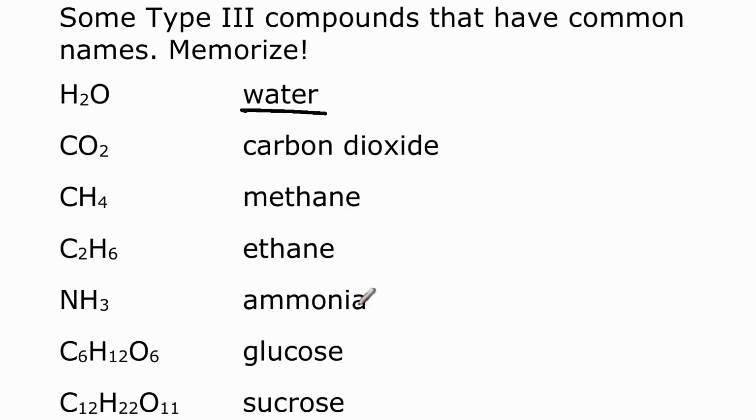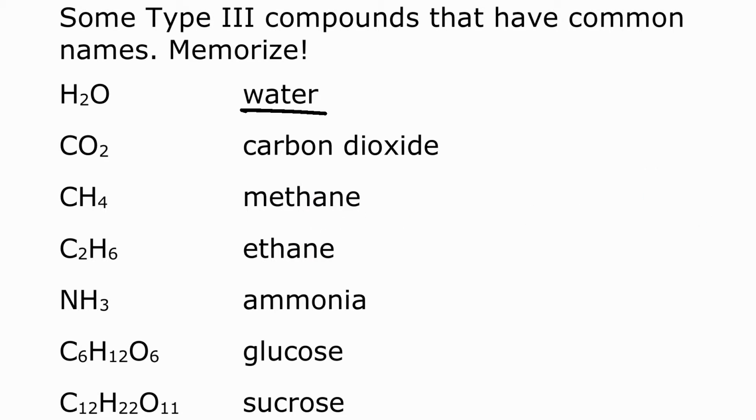These are just a few, but there are some covalent or type 3 compounds where you just need to memorize the name and the formula. Some of these organic ones, you'll learn the system for naming them in a later chemistry class.